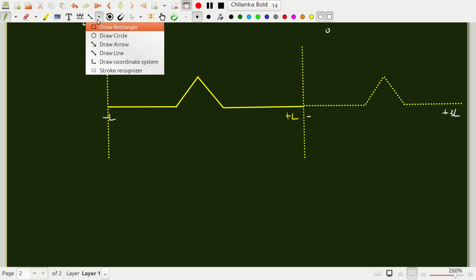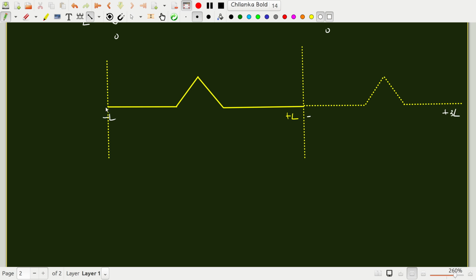You will have between minus L and minus 3L and so on. So the Fourier series assumes that the functions are periodic over the domain 2L in this case, and it keeps repeating forever. So this is something that we have to remember: Fourier series is meant for periodic functions.